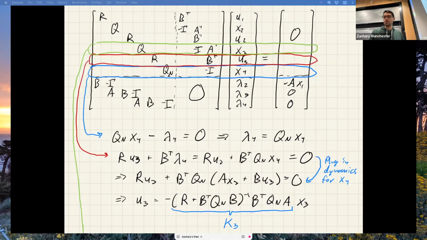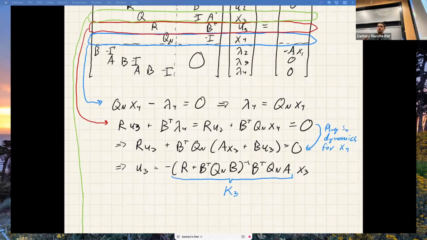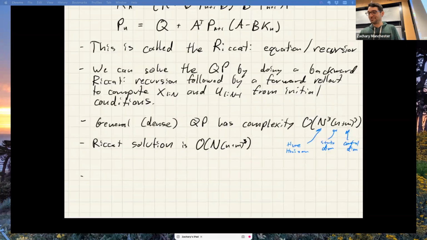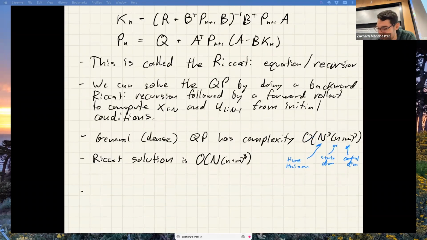And what I've actually computed here is not just a single solution for a given initial condition, which I got when I did the gradient descent stuff. Here I've actually computed a feedback policy. And I can take this thing and plug in any x1 and get the solution with a forward rollout for the states and controls. So this is even deeper. I have a feedback policy, not just a single solution now, which is extremely cool also. And there's some deeper stuff there to talk about also, but just pointing this out.